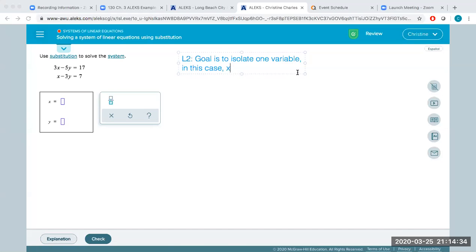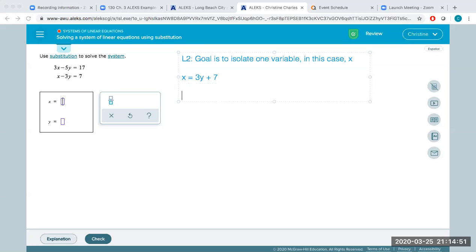Okay, so let's go over this process. If I add 3y to both sides, then I get x by itself. So x equals positive 3y plus 7. Okay.